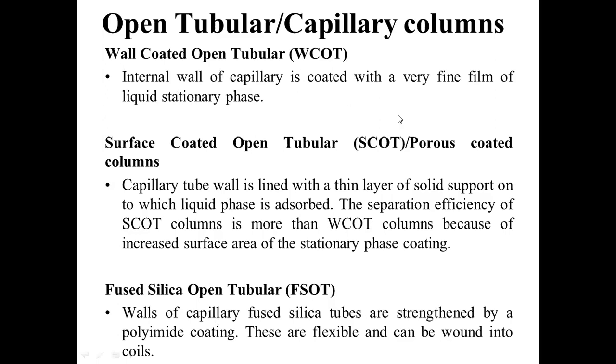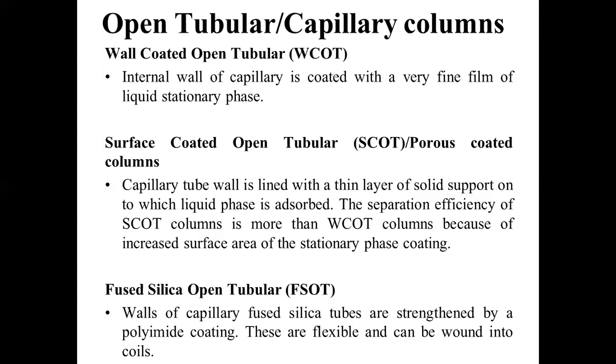Wall coated open tubular column means the internal wall of the capillary. You take a capillary column, and to the internal walls of this capillary, a thin film of a liquid stationary phase is coated, or a solid stationary phase is coated. To the open tubular columns, we can immobilize either a liquid or a solid stationary phase. How to immobilize the solid stationary phase?